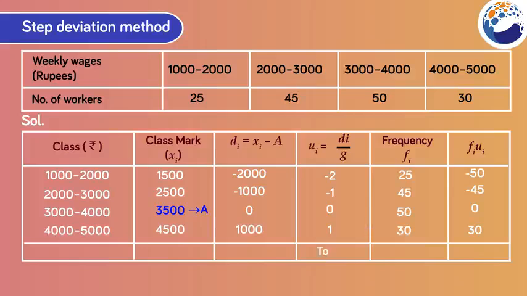Now we calculate the summation fi, which is the sum of all frequencies, and the summation of fiui, which is the sum of all fiui.